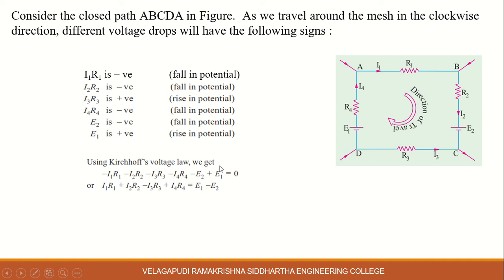The algebraic sum of voltages around a closed path is equal to 0 based on the Kirchhoff voltage law. So the sum of all the voltages is equal to 0. Now rewrite this equation: I1 R1 plus I2 R2 minus I3 R3 plus I4 R4 equals E1 minus E2.